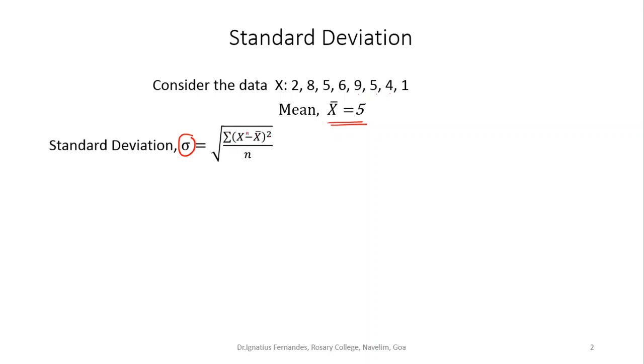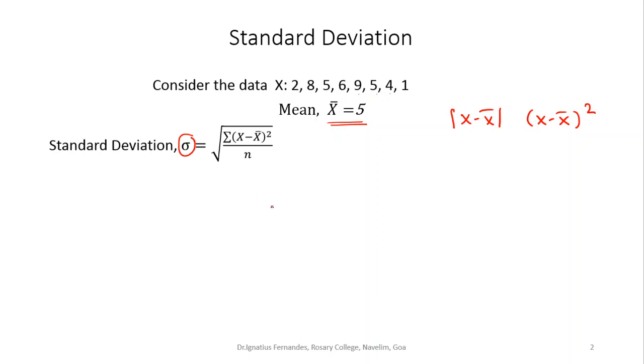So we take the squares of the deviations, divided by n. It is the average of all these squared deviations. In mean deviation we used the absolute value of x minus x bar. Instead of that, we have here (x minus x bar) squared. That is the only difference.